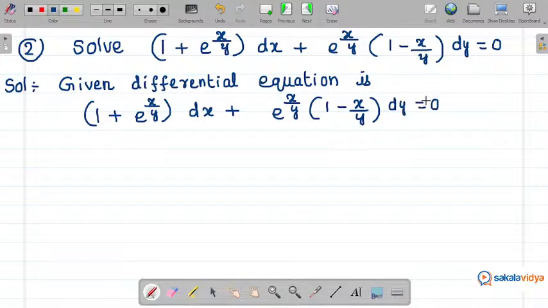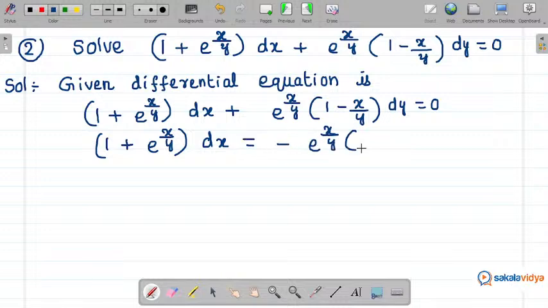The first step is to transpose the second term to the right hand side. So 1 plus e power x by y dx is equal to minus e power x by y into 1 minus x by y dy.